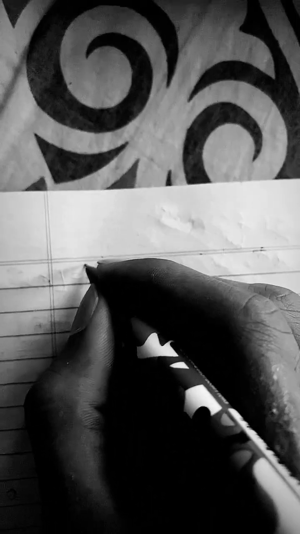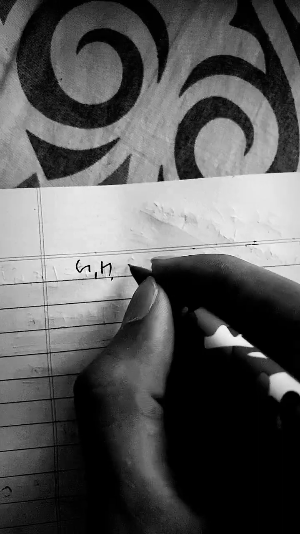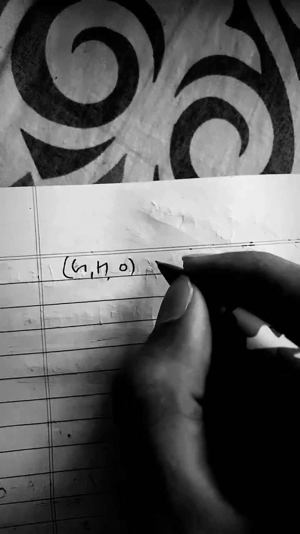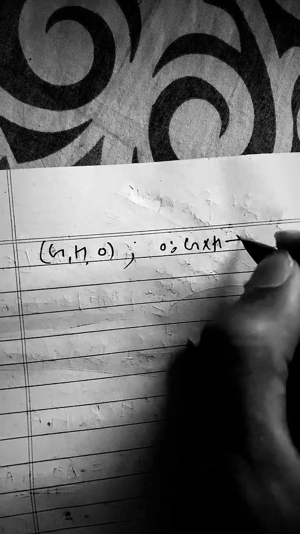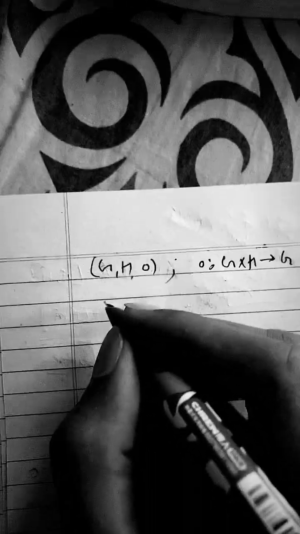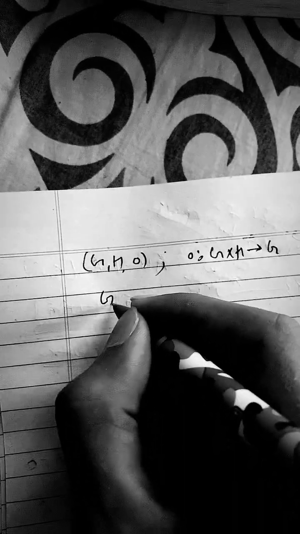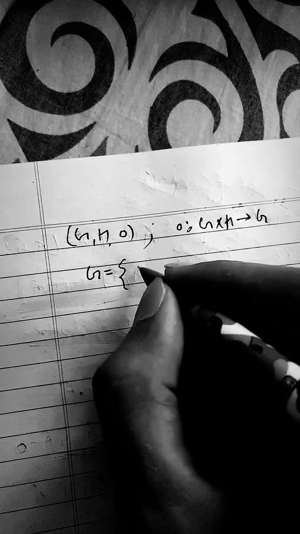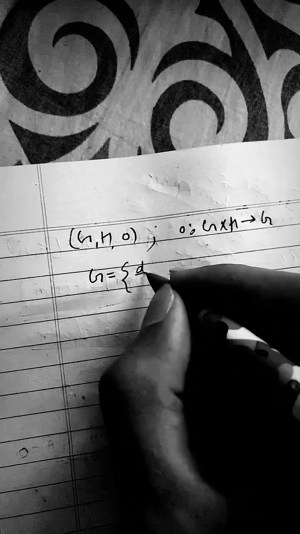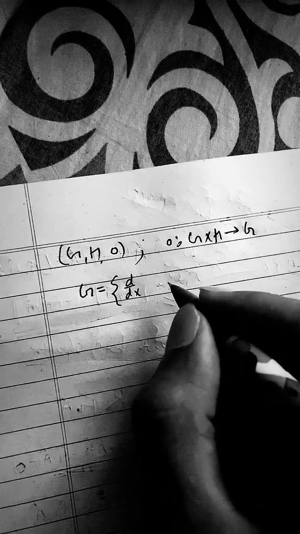So we have G, H, and some operation O, where O is defined as G cross H to G. Say we have a set G. The set G is, let's say, an operator dy dx.